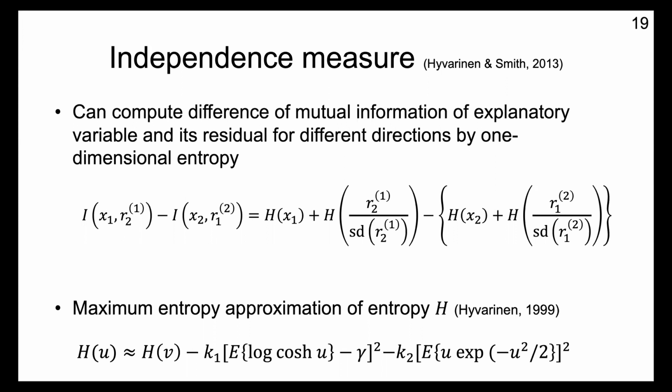Assuming the LiNGAM model is correct, we can compute the difference in mutual information between the explanatory variable and the residual of two models with different causal directions by computing these one-dimensional entropies H. One-dimensional entropy is easier to compute than mutual information since it does not require complicated two-dimensional statistics.